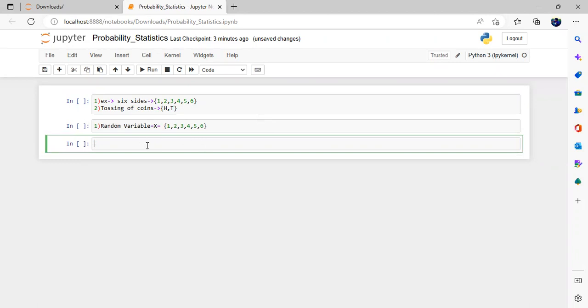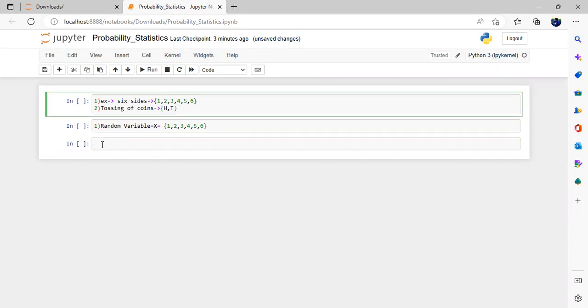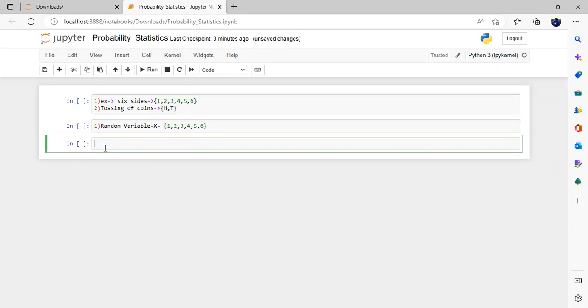The first and main term is the discrete random variable. Does anyone know what a discrete random variable is? Discrete random variable has output either 1 or 0.